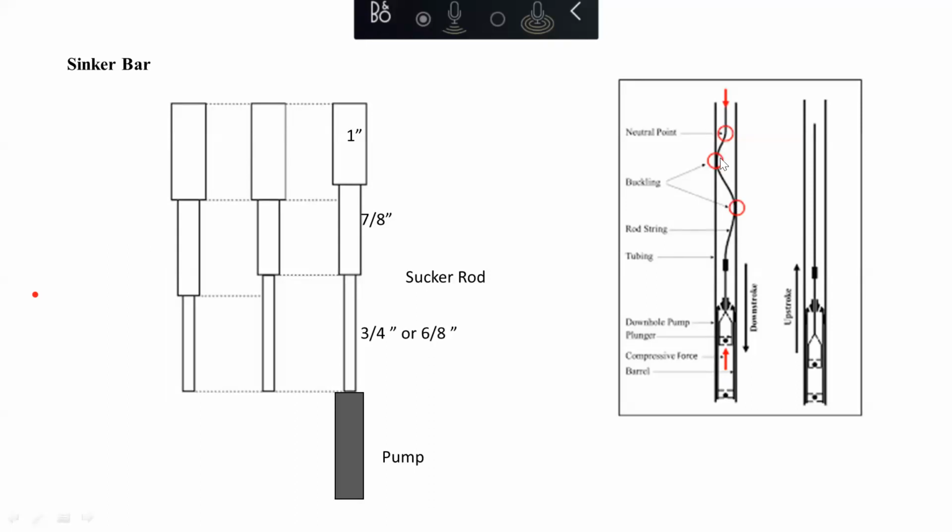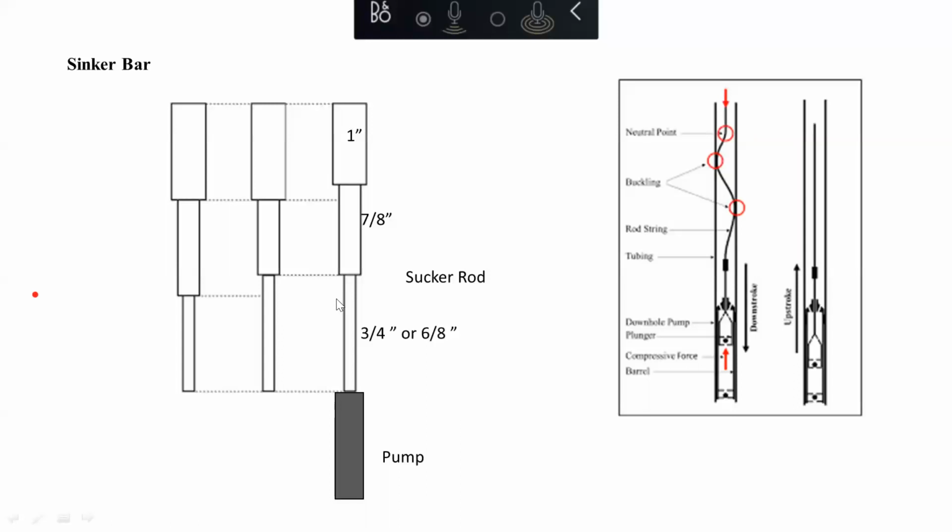Your rod will buckle and it may compress because of your load above your sucker rod, above your pump, because there will be a higher load of 1 inch and 7/8 that will act on your 3x4 inch sucker rod. So it will buckle. It may give damage to your tubing as well as your sucker rod.